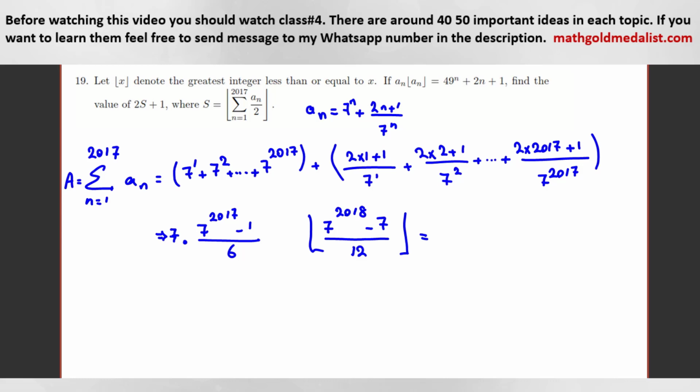You take the original fraction, subtract 1 and divide by 2. So it should be 7 to the 2018 minus 1 over 6, and then you minus 1 again, and then you divide by 2.